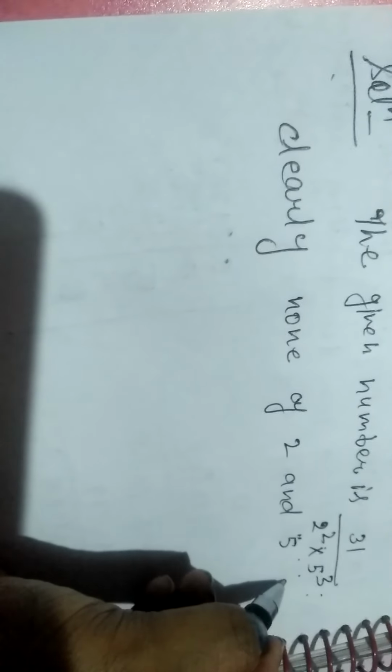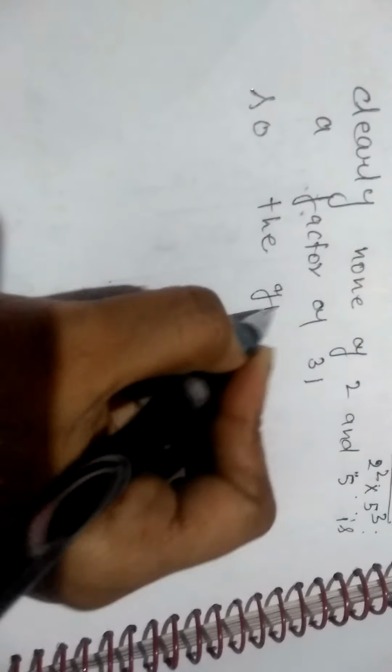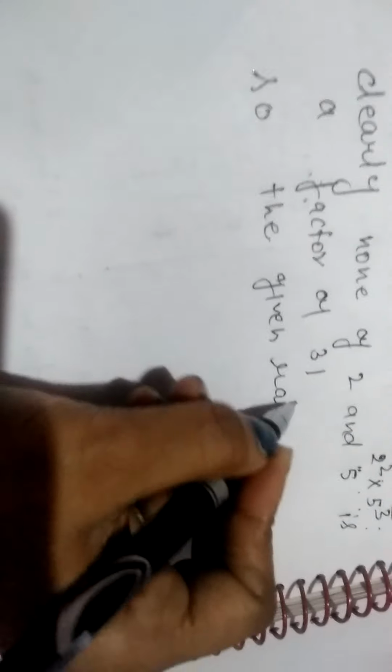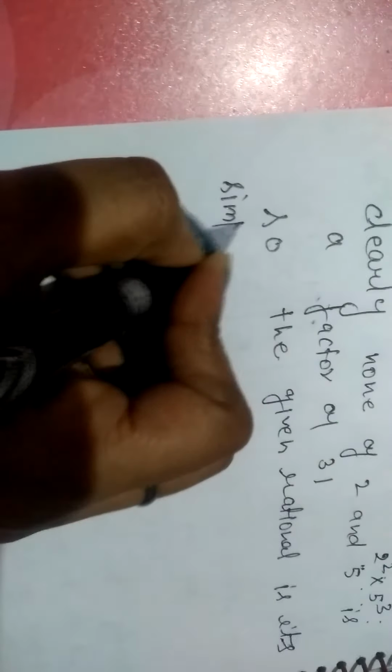Clearly, none of 2 and 5 is a factor of 31, so the given rational is in its simplest form.